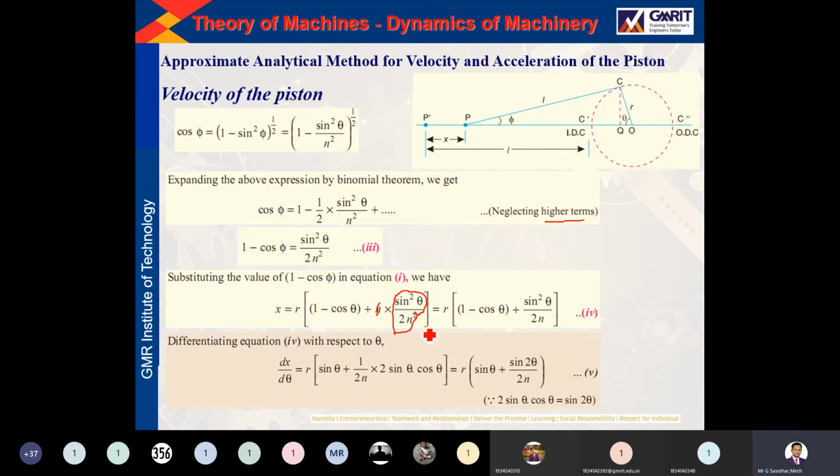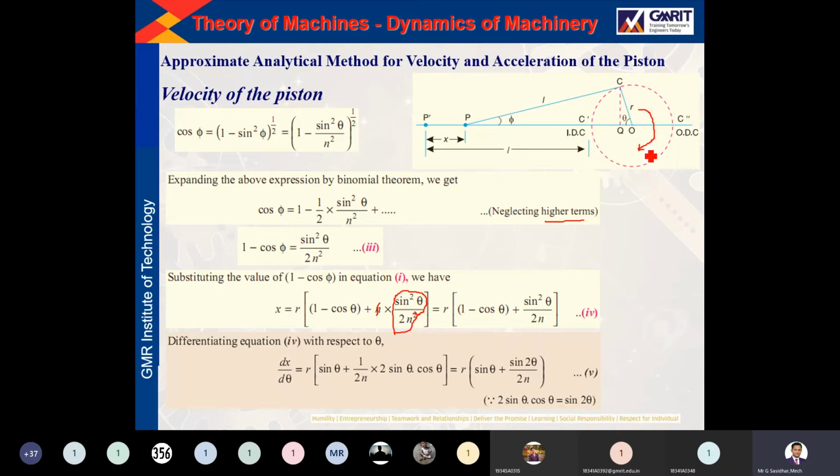Okay, then differentiate that one with angular velocity. Why? Because theta is rotating now. What is the variable? Here time is not the variable. Here theta is the variable. It is rotating with theta from 0 to 360 degrees. The crank is making an angle. So here the variable is what?